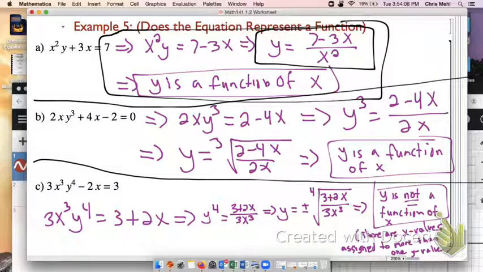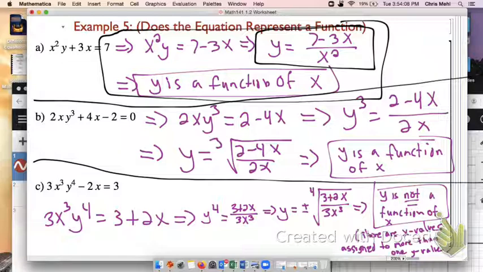Again, there's only a single cube root, so there's no need for a plus or minus on the right hand side of the equation. So again, each x value gives you a single y value. That means for that equation, y is a function of x.